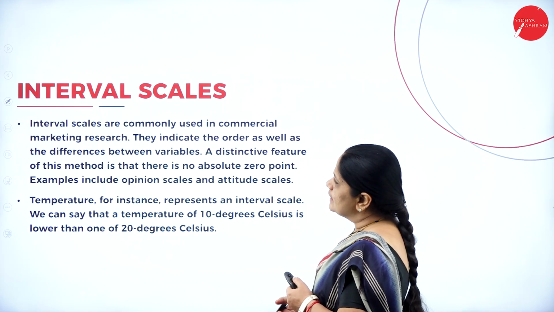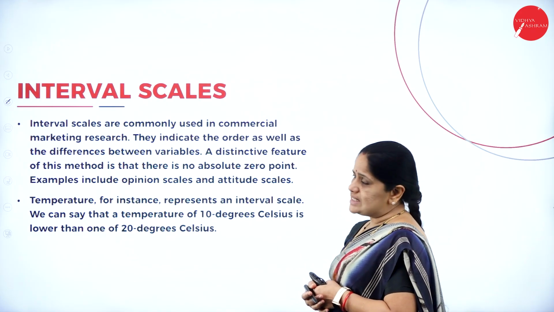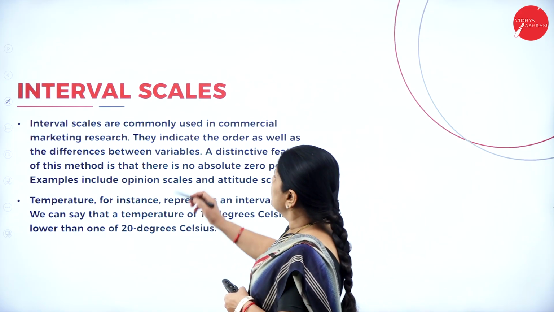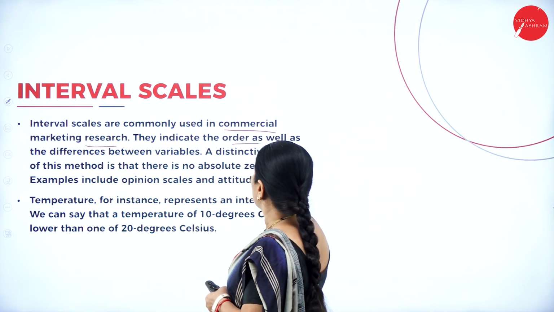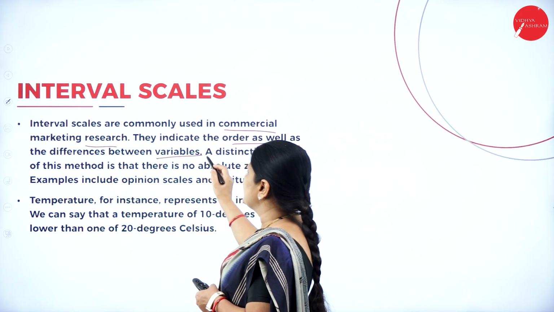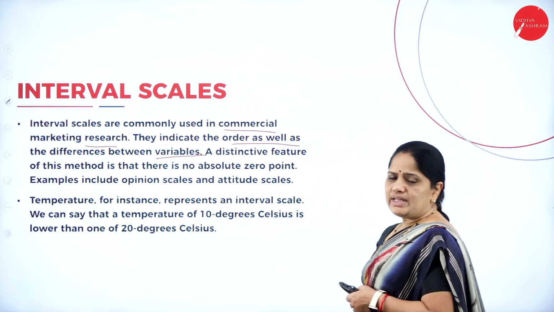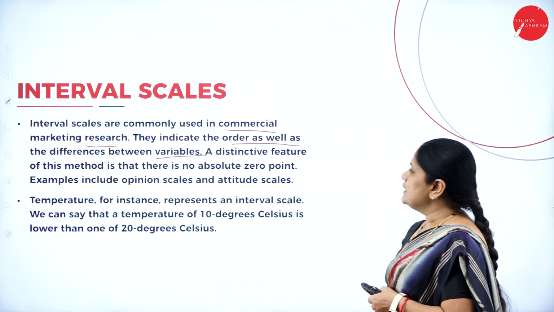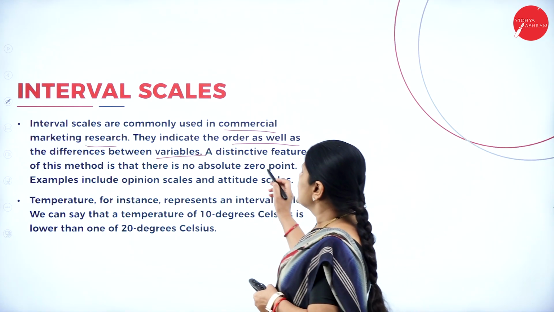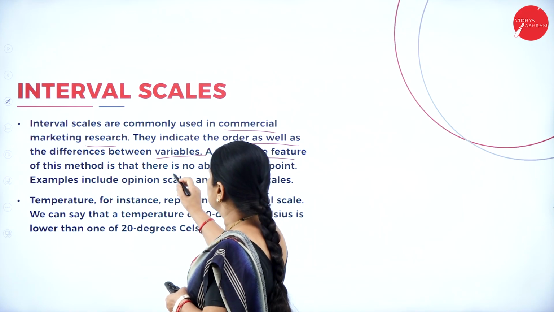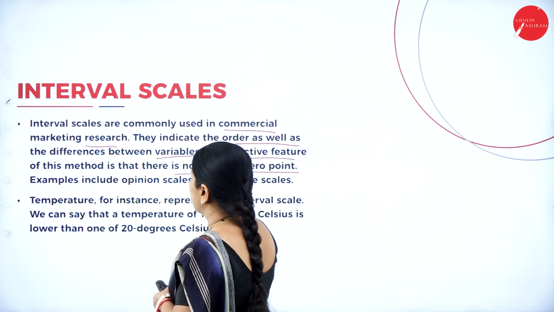Then next we have the interval scales. They are commonly used in commercial marketing research. They indicate the order as well as the differences between the variables. A distinctive feature of this method is that there is no absolute 0 point.